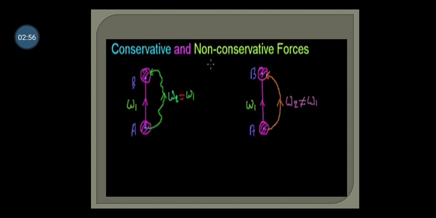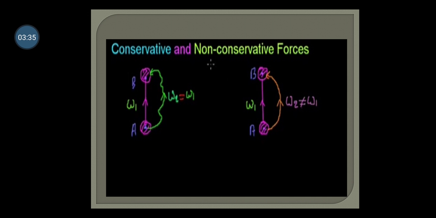This is another curve for conservative and non-conservative force. First curve for conservative force and second curve for non-conservative force. In the first curve, there are point A and point B. The particle moves from A to B in two ways, that is along the pink line, work done is W1.